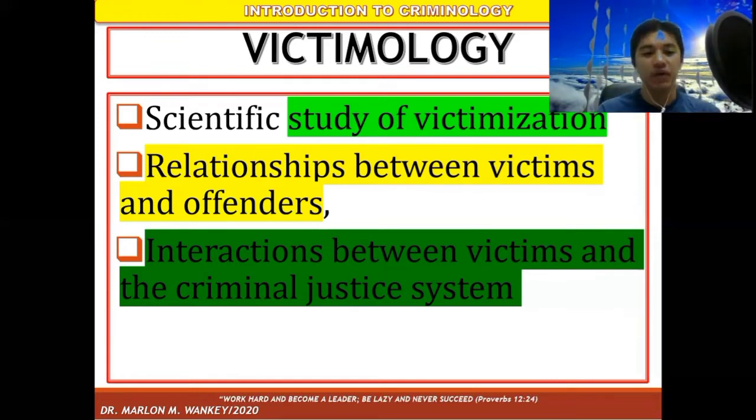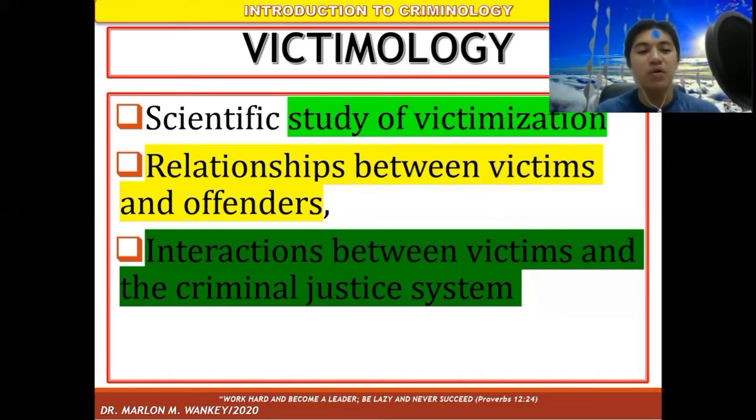And then also victimology discusses the interactions between victims and the criminal justice system. How our justice system will give justice for the victim and give appropriate punishment for the offender who made the attack or who injured the victim.